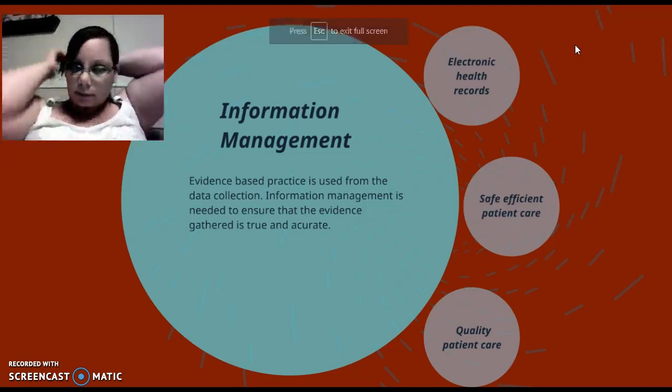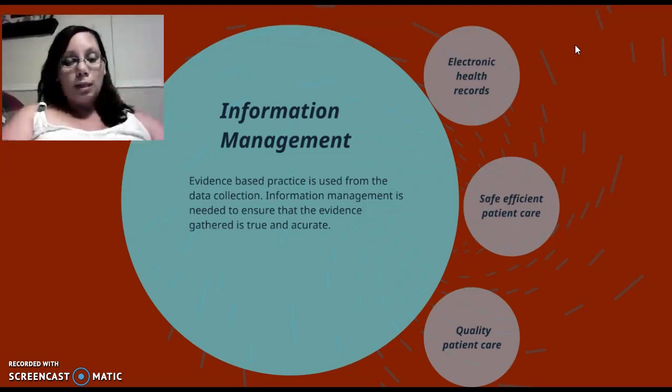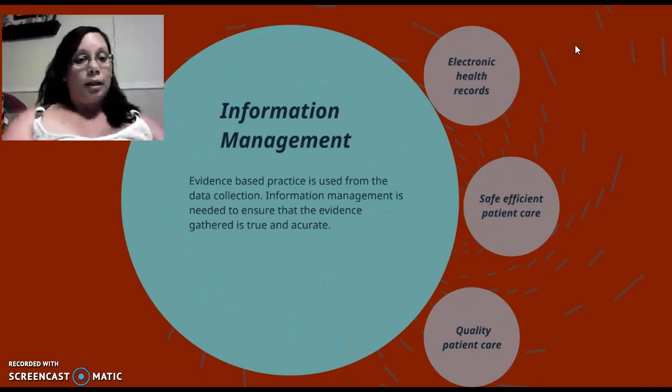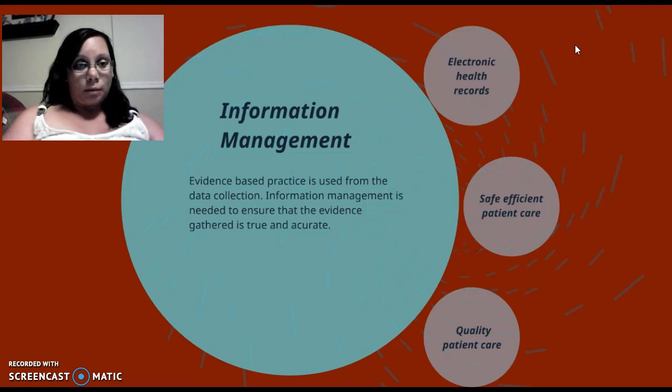That data is then given to information management, and information management is used with evidence-based practice. That is really important because, as we know, our practice is based off of evidence-based practice. We want to ensure that the practice that we give is evidence-based to ensure that our practice is quality.